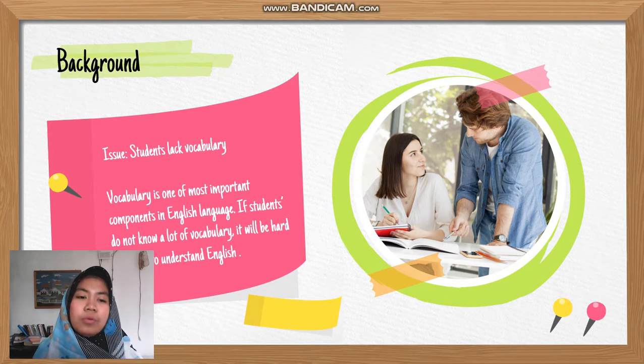As we know, vocabulary is one of the four components in English skill, and it is very important for mastering English, because without vocabulary students will find it hard to learn English, or hard to convey their ideas. They will find it hard to communicate with other people in English because they do not know a lot of vocabulary.